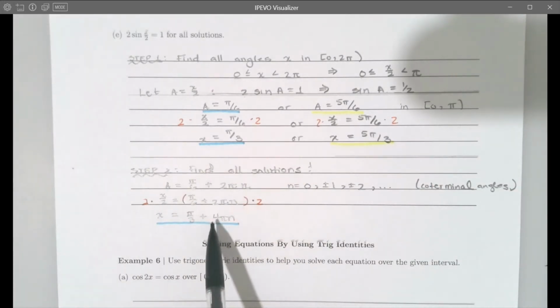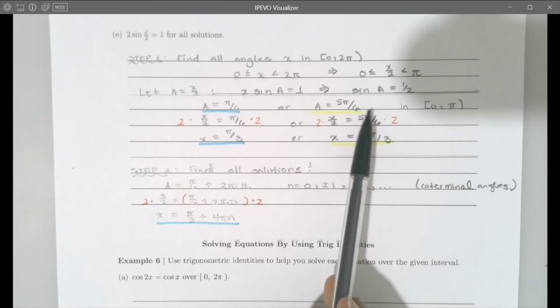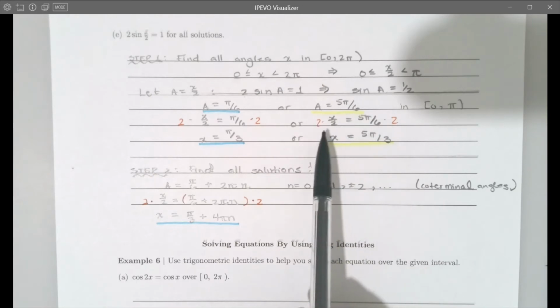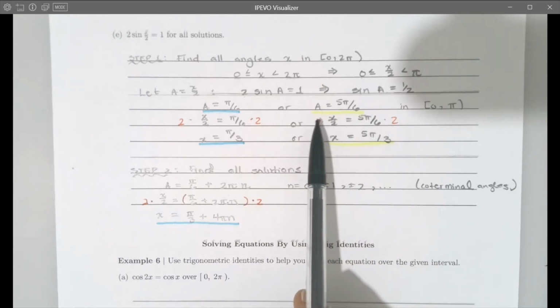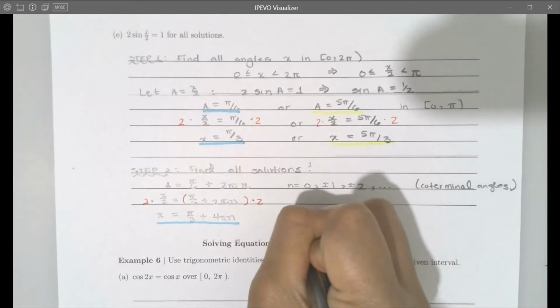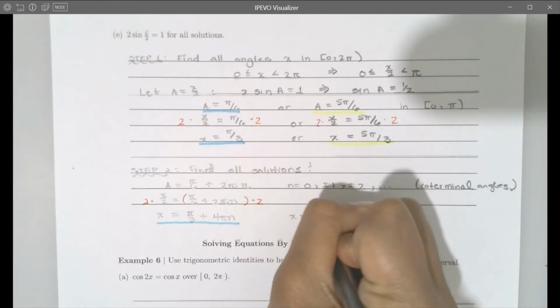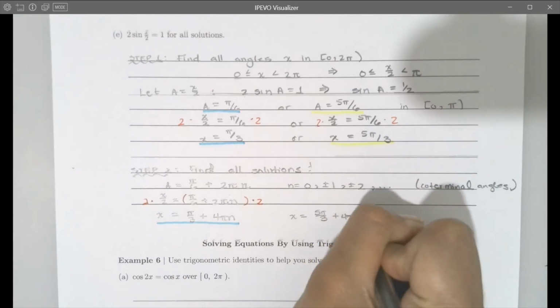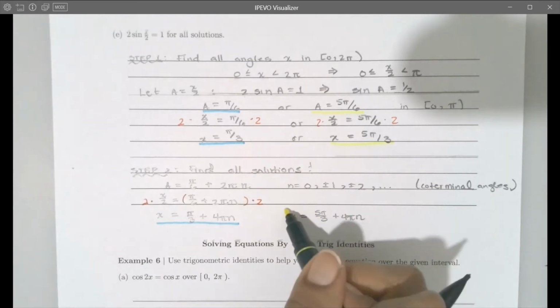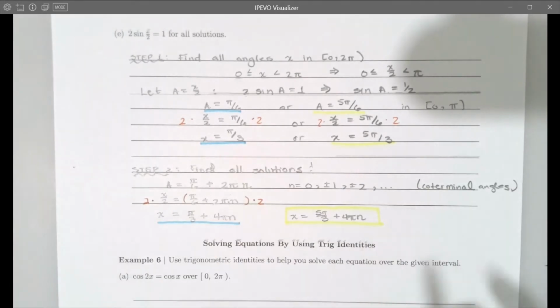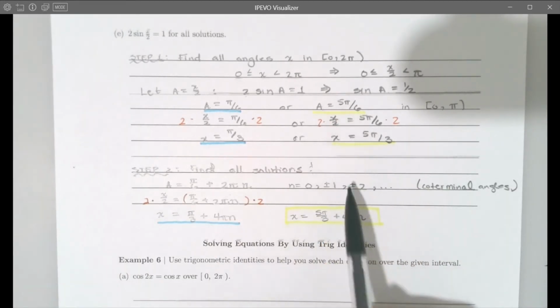So if we go through exactly the same process of saying all the coterminal angles will be 5 pi over 6 plus 2 pi n, and then replacing the a with x over 2 and multiplying both sides by 2, we're going to get x can be 5 pi over 3 plus 4 pi n. Okay, through the same process applied on this second equation.